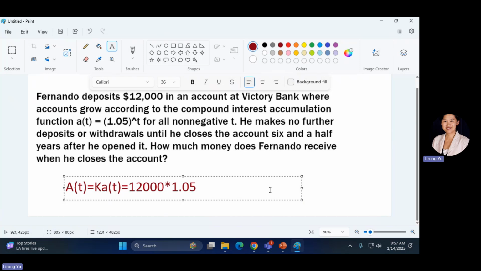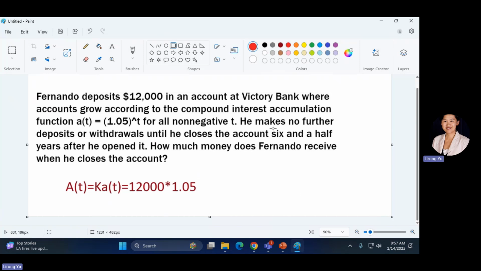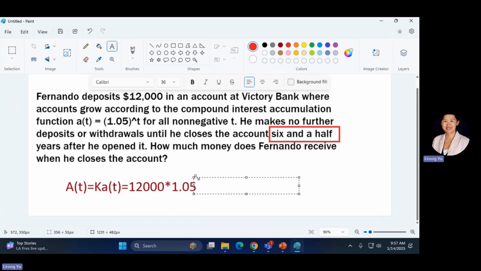1.05 to the power t. The t should be the time. In this question, the time is 6.5 years. So 6.5 will be the time. So that will be the calculation for how much money he has after 6.5 years.